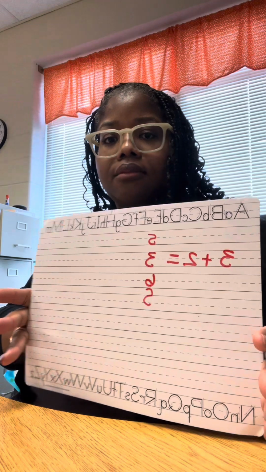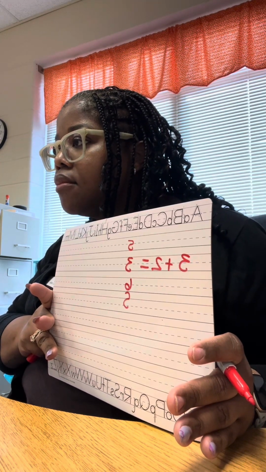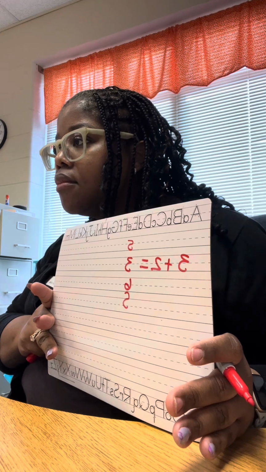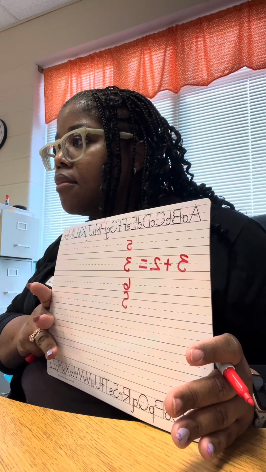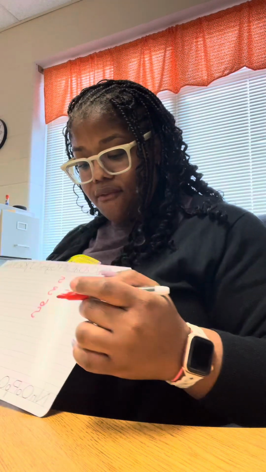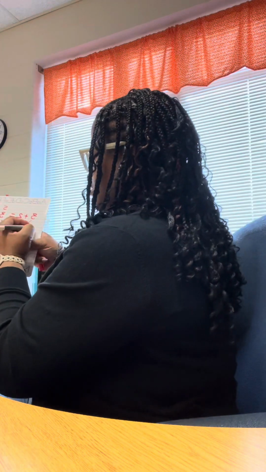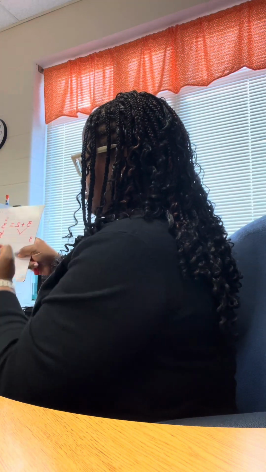I saw 2, added 2, added, and this is 3. Okay, so if we have the 3 and we have to add the 2 together, so let's write that out. So let's start with 3.